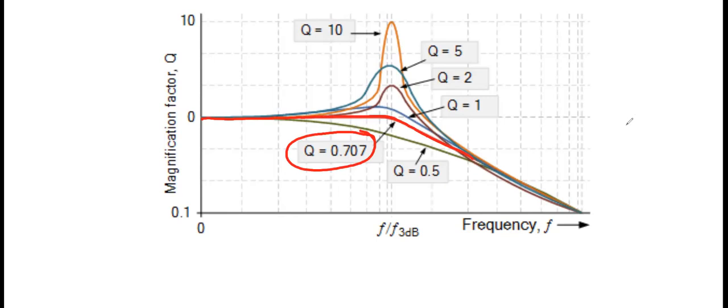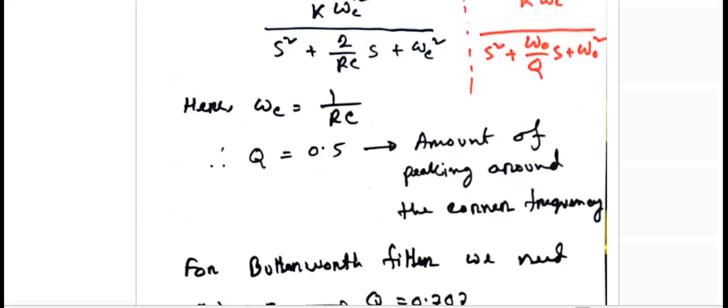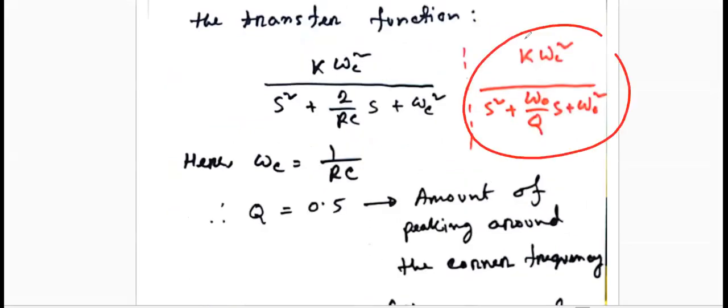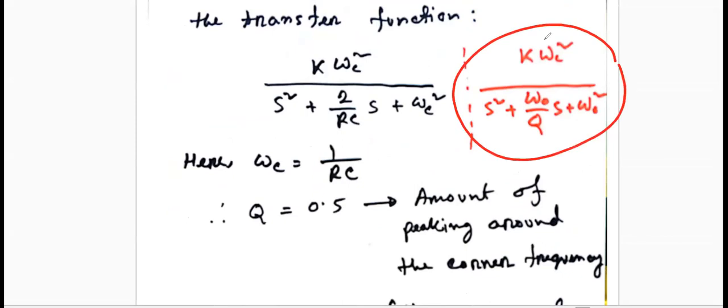The researchers tried different values of Q, starting from 0 up to, let's say, 10, and found that for Q equals 0.707, exactly at that point, it looks like a very flat expression for this filter. This is the expression they found, where K equals 1.